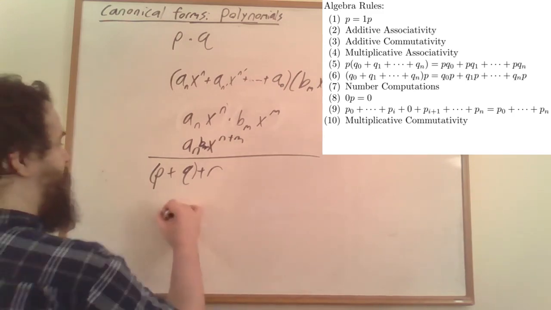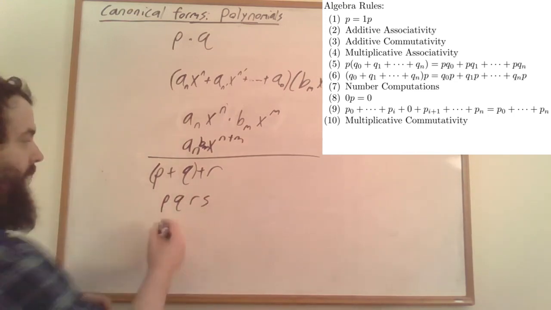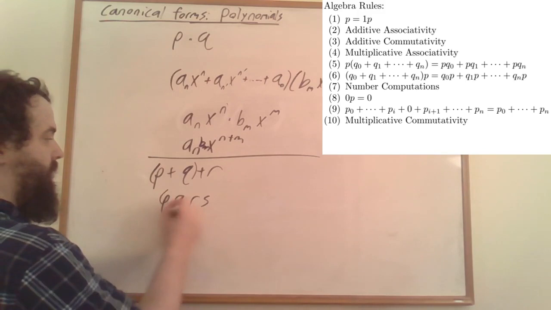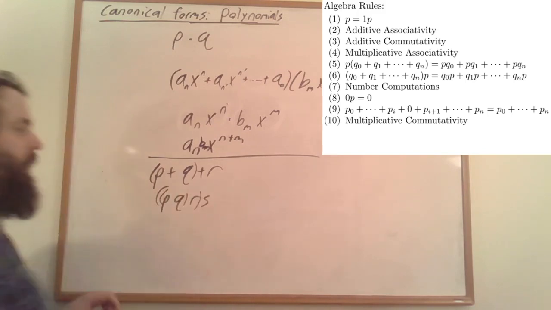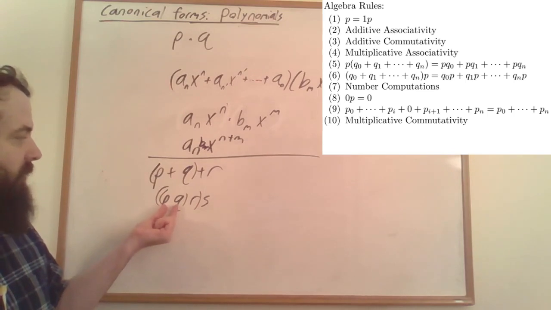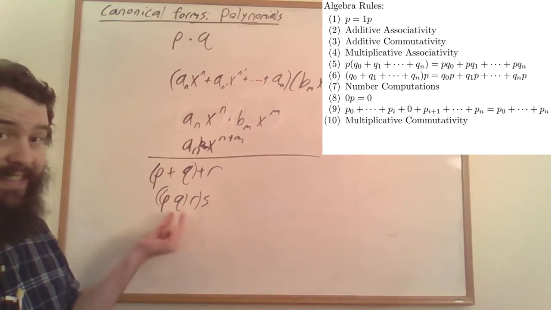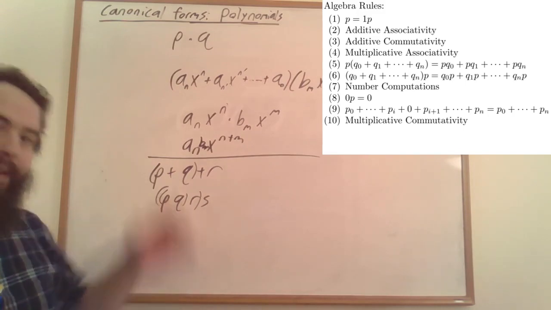Similarly, if we have a product of a bunch of polynomials, we can use associativity in order to turn it into this product here, and then turn each of these individual smaller products into canonical form, working our way inside out.